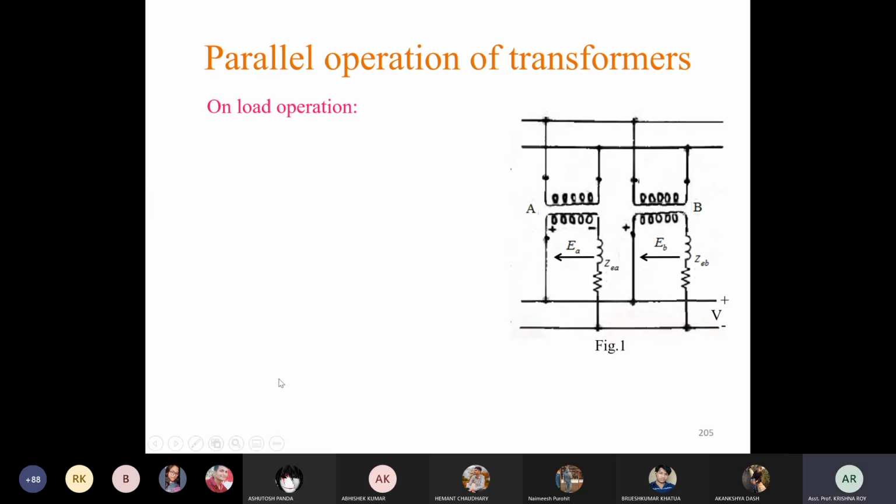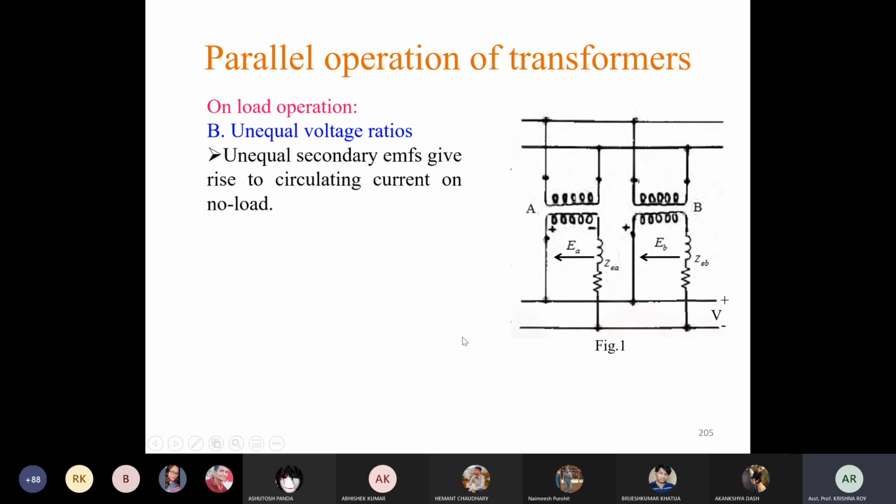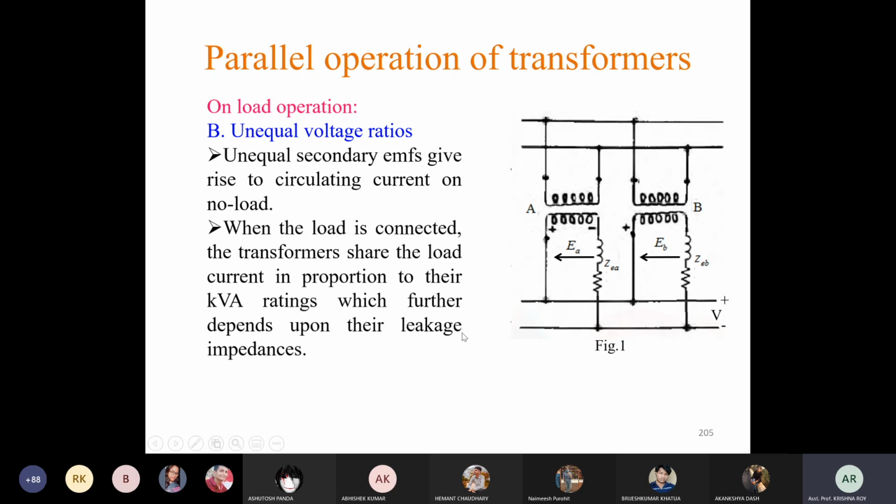Next is on-load operation with unequal voltage ratios. If unequal voltage appears across the two secondaries of the two transformers, then what will happen? Unequal secondary EMFs give rise to circulating current, that we know, and when the load is connected, the transformers share the load current in proportion to their kVA ratings.